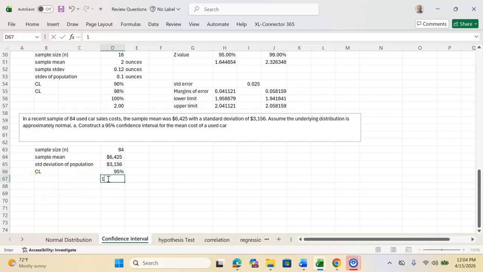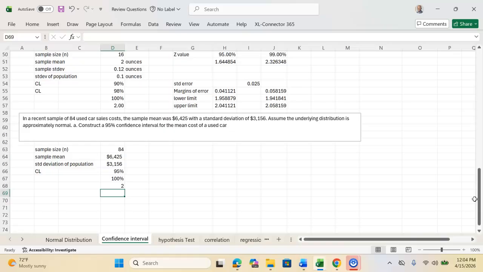Now we're going to consider 100% and also 2, which will help in our calculation for the z value and so forth. So I want you to start from here to complete this question by yourself, which will make you ready for the final exam. Thank you.